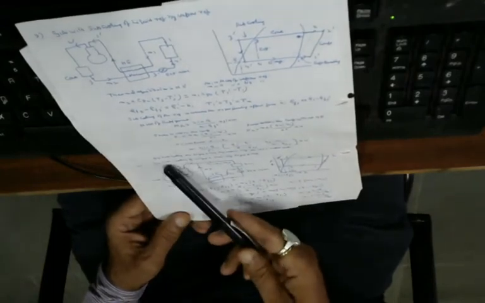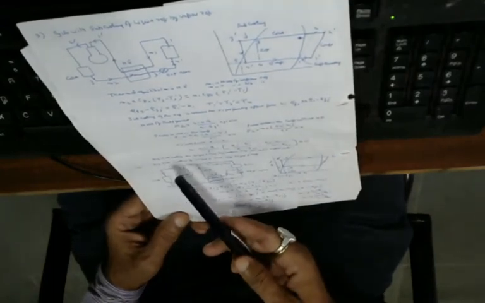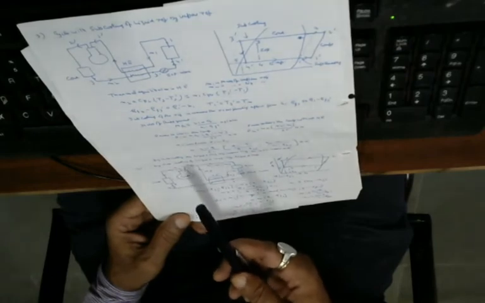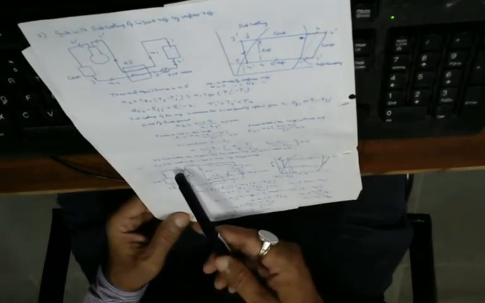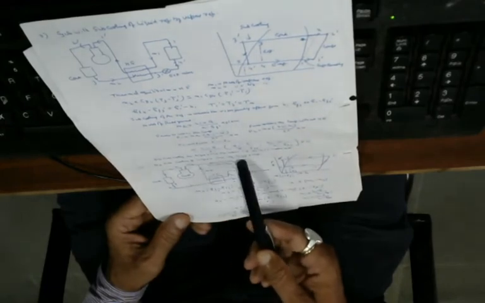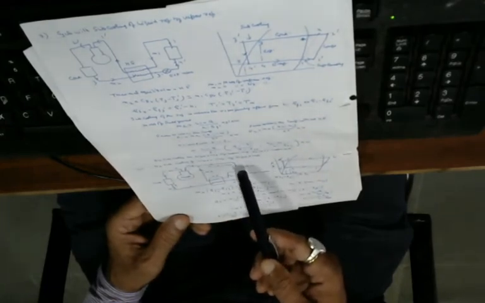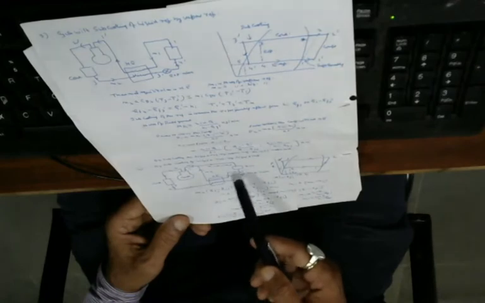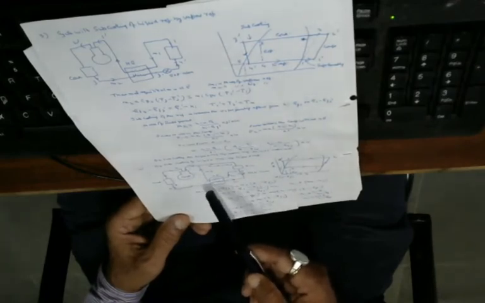Now the fourth part, that is subcooling the liquid refrigerant by liquid refrigerant itself. What is there in that?